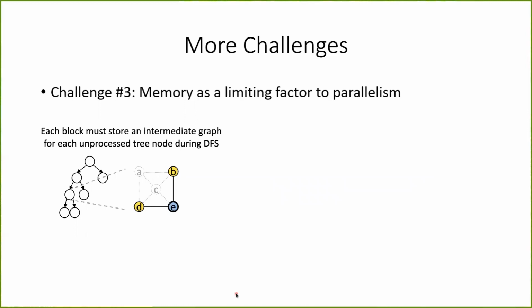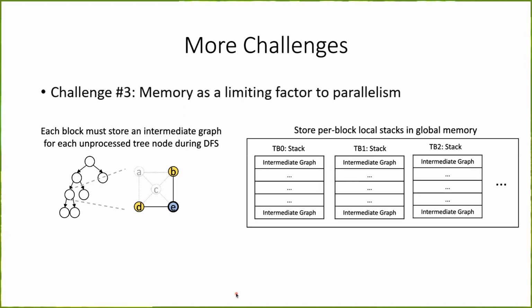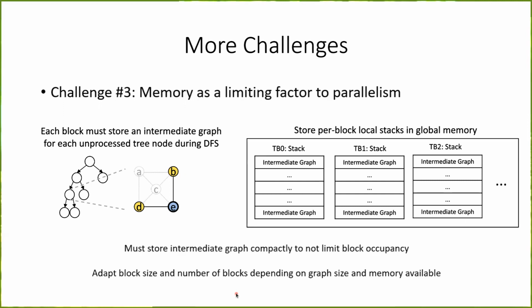Each thread block will store its unprocessed nodes in a stack, and the stacks will be stored in global memory, which means that we must store intermediate graphs compactly to not limit block occupancy, and we need to adapt block size and number of blocks depending on the graph size and memory available, because the size of the stack depends on the size of the graph.